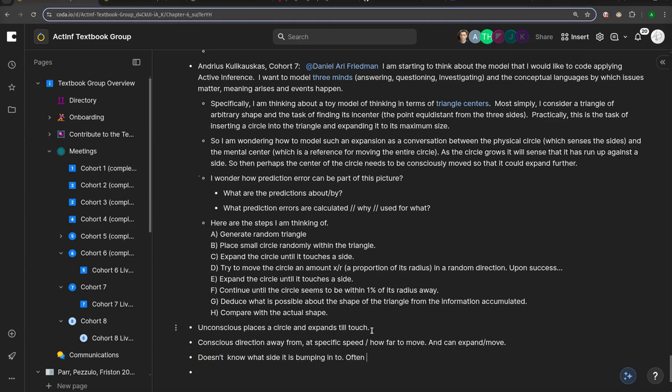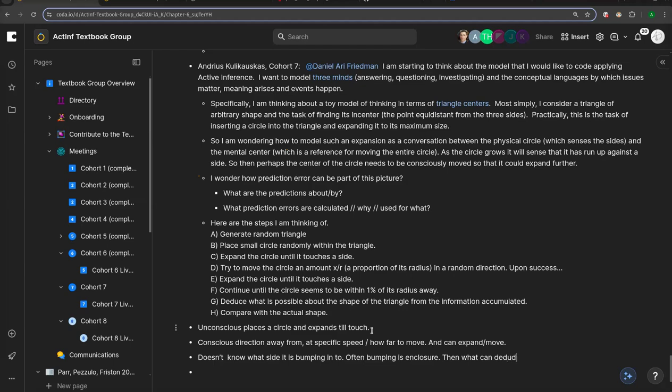And once you get within whatever accuracy you want, because it never touches all 3 sides at once, only one side at a time, realistically, when you get within 1% or whatever you want, you say, okay, I'm happy, I'll stop. And then you can ask, for example, what can you deduce about the shape of the triangle based on the interactions that you had, blind like this?